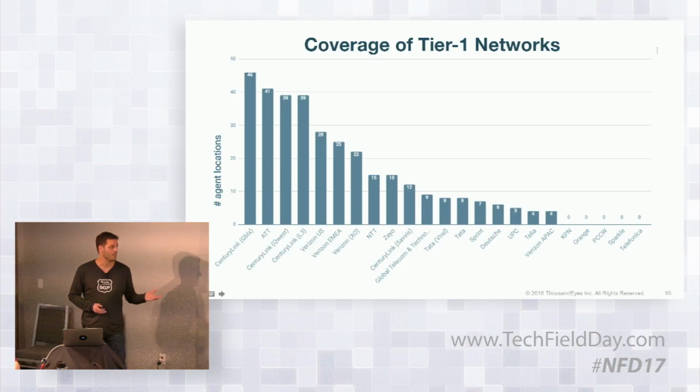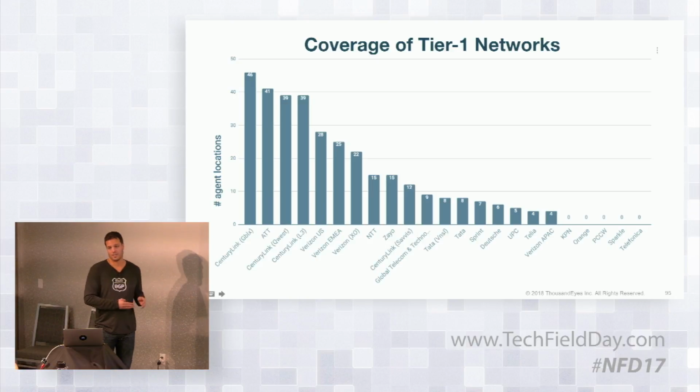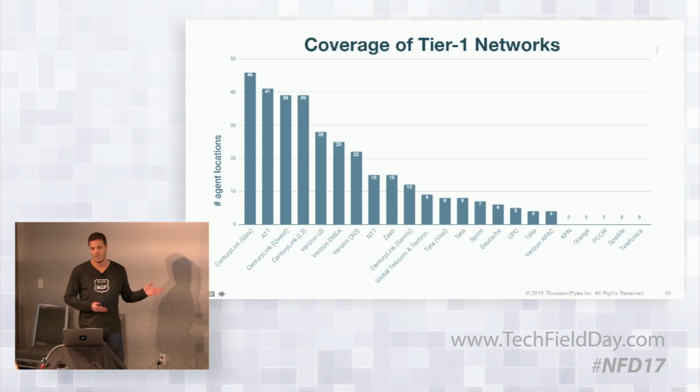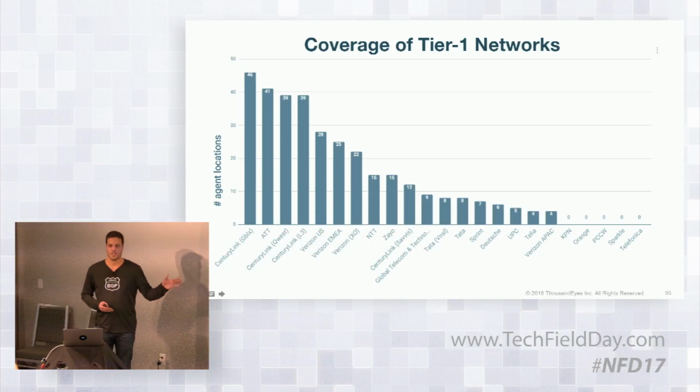So in this graph, you can see on the x-axis the tier ones, and on the y-axis the number of agent locations where we actually have an agent inside that tier one network. There's a big concentration across North America. Most of those tier one service providers on the left-hand side are headquartered in North America. Once you start looking at the right-hand side, you see a bunch of zeros there.